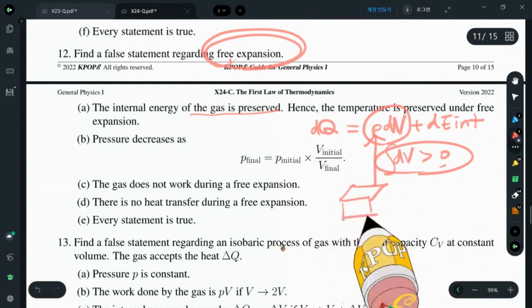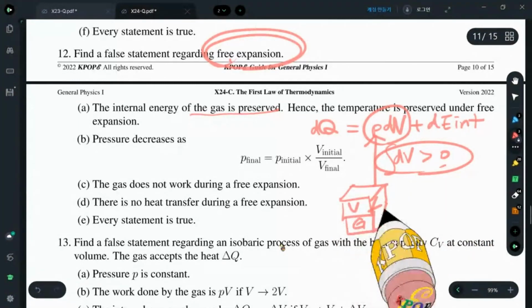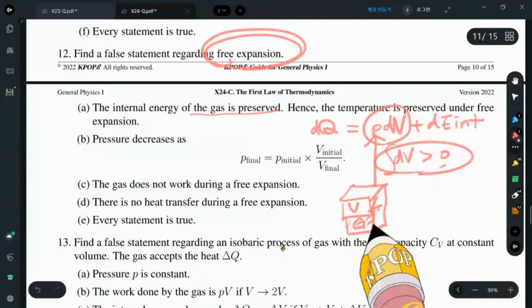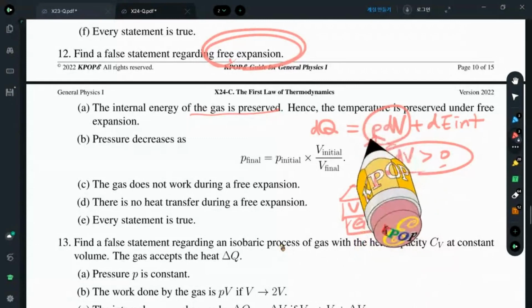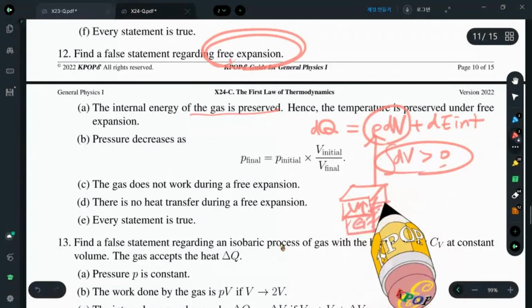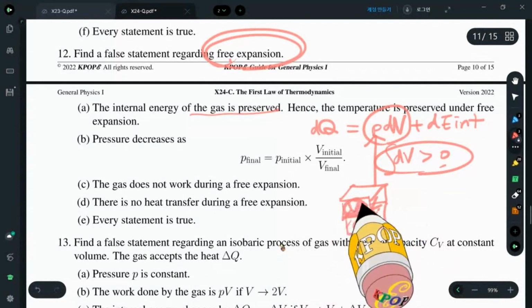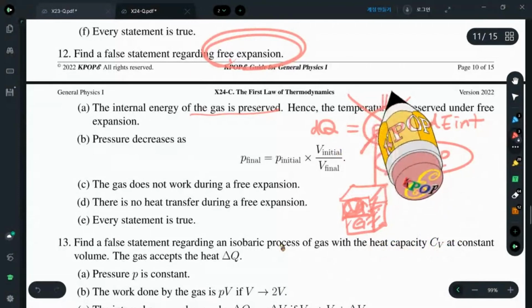So the outside is a vacuum; although the gas has its own pressure, there is no way to use this force to push the partition because it is a vacuum. This work is always 0.